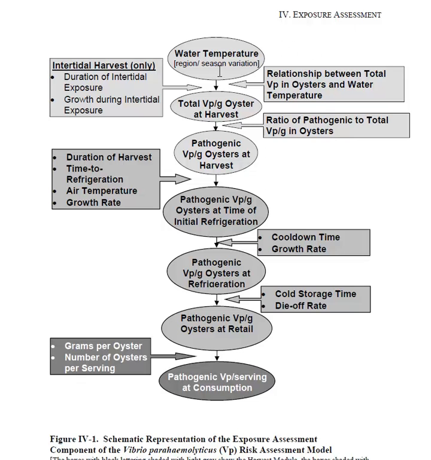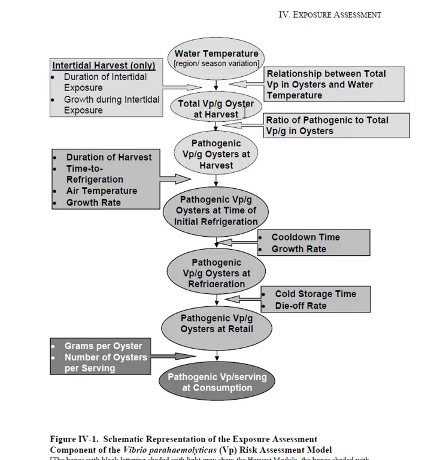So we begin with water temperature, and then using the scientific relationships that have been found in the literature, which we are not going to concern ourselves with, the model estimates the total number of Vibrio parahemolyticus per gram of oyster flesh at the time the oysters are harvested.